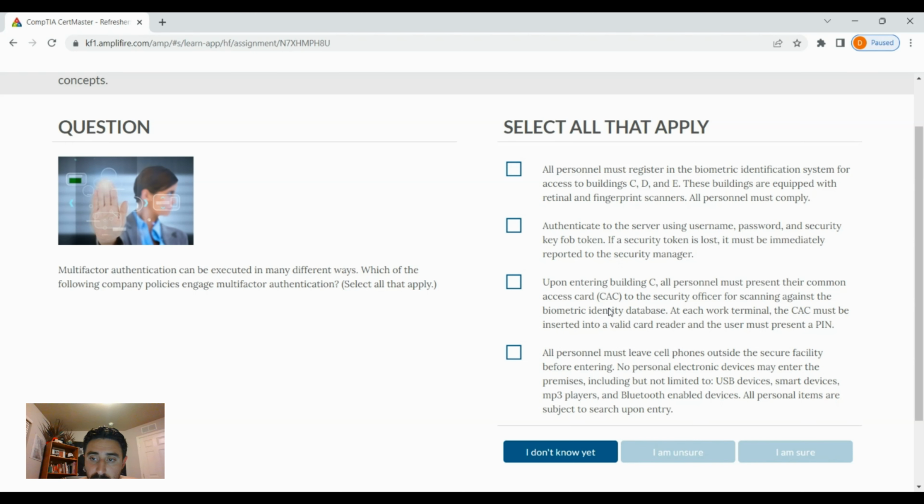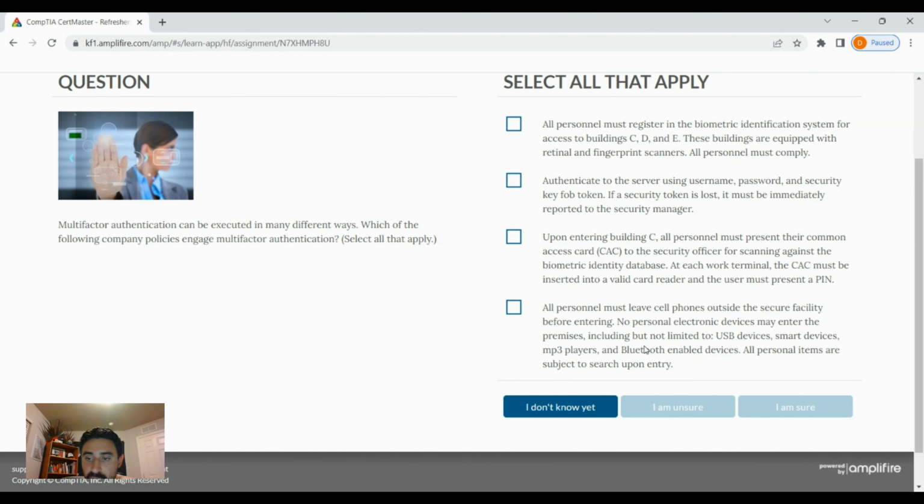Upon entering Building C, all personnel must present their access card to the security officer for scanning against the biometric database. At each work terminal, the CAC must be inserted into a valid card reader, and the user must present a PIN. All personnel must leave cell phones outside the secure facility before entering. All personal electronics, no USBs.